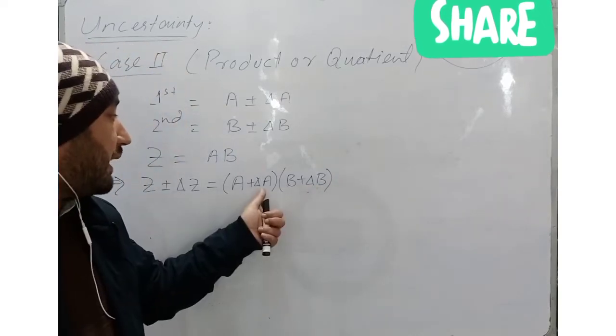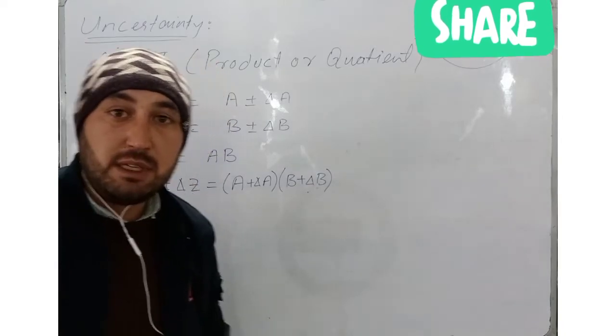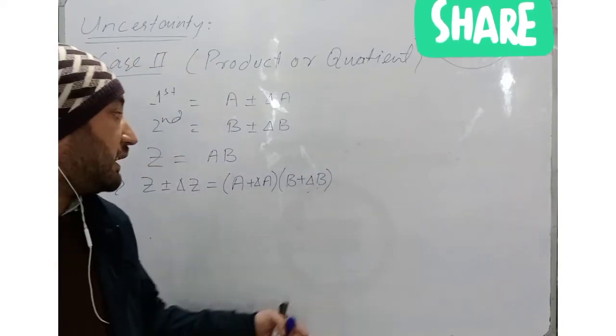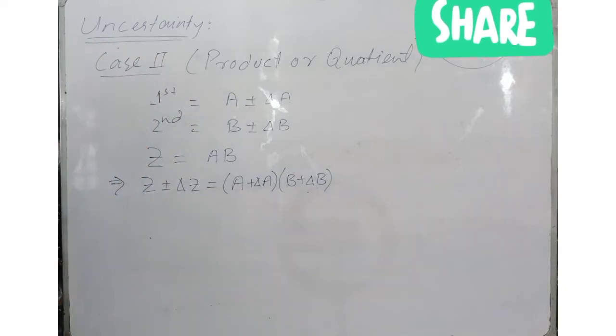So first we find the percentage uncertainty in A, and then the percentage uncertainty in B, and then you add those percentage uncertainties to find the uncertainty in our final result, right?